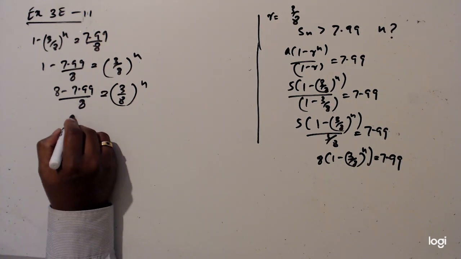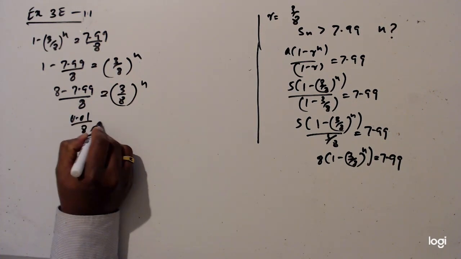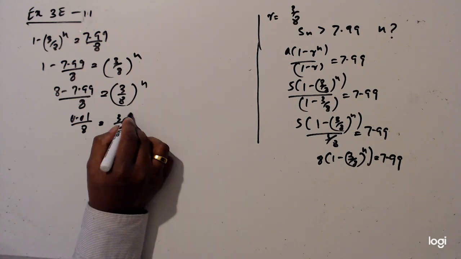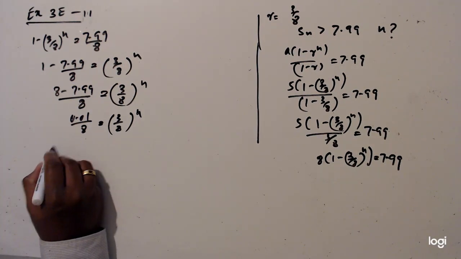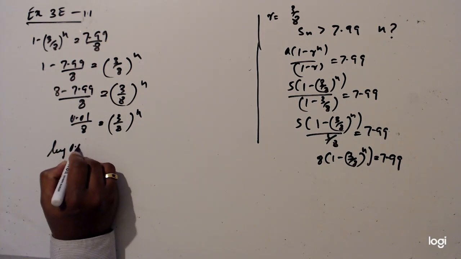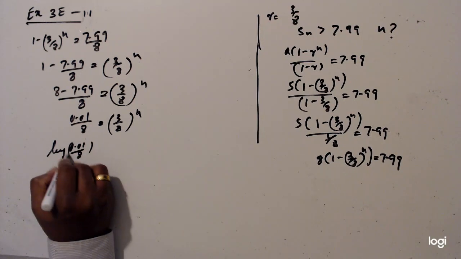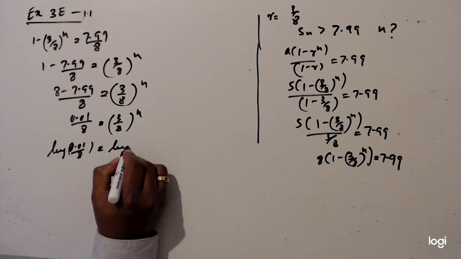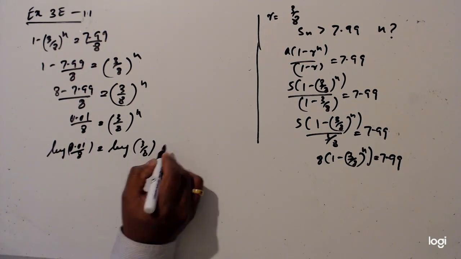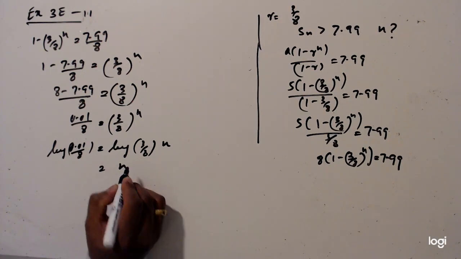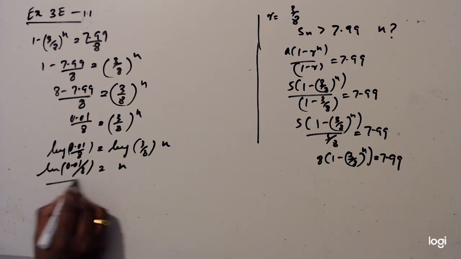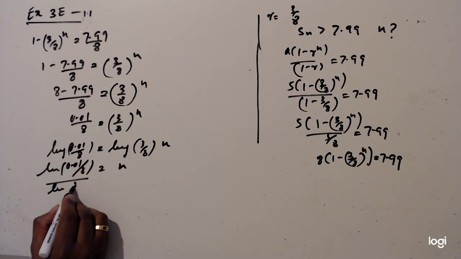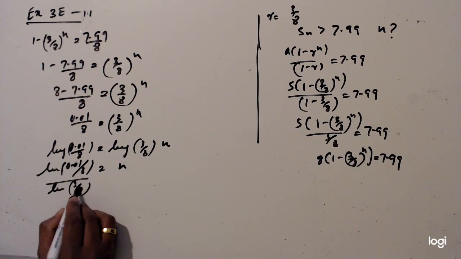Then this is going to be 0.01 over 8 equals (3 over 8)^n. So we'll apply logarithms. Log of 0.01 over 8 equals log of 3 over 8 times n. So n equals logarithm of 0.01 over 8 divided by logarithm of 3 over 8.